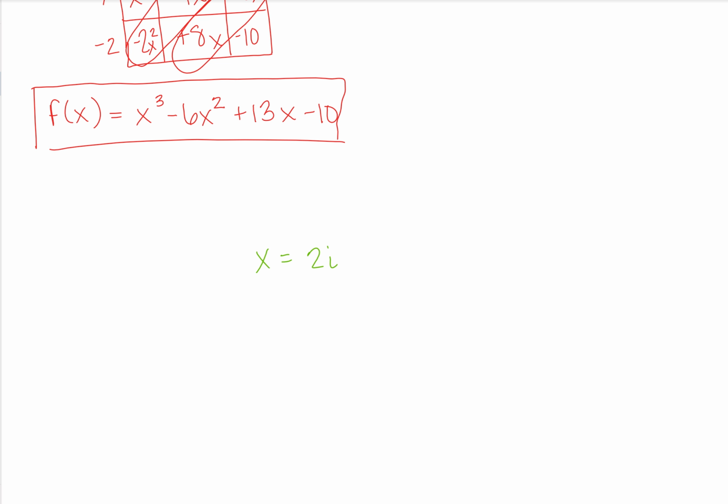So again, I square both sides. I get x squared equals 4i squared, so x squared is equal to 4 times a negative 1, and then x squared equals a negative 4. Well, I move it to the other side and I get x squared plus 4.